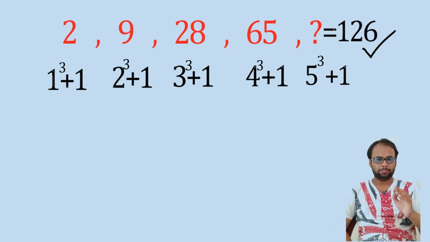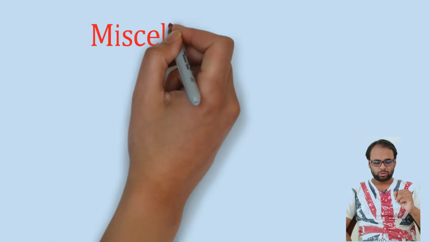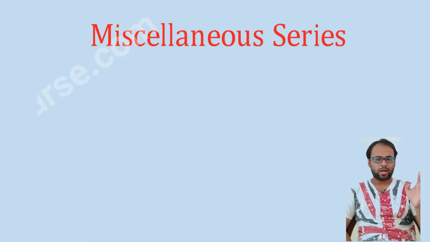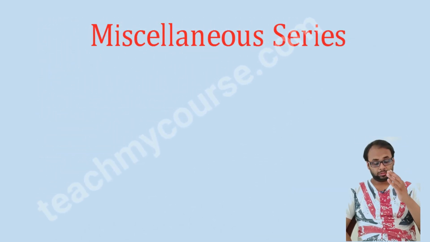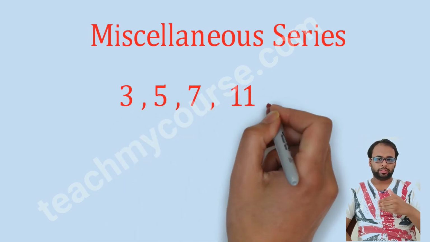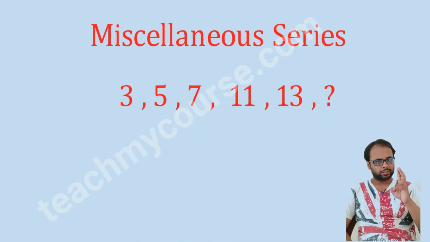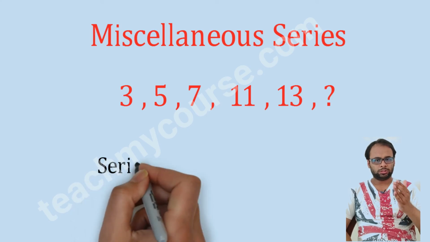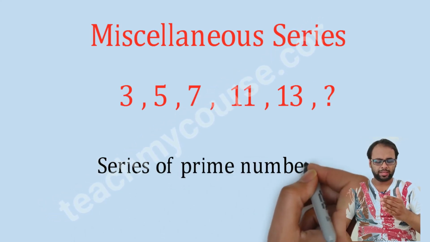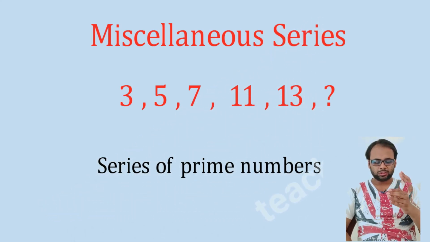Next we have the miscellaneous series. So the miscellaneous series is 3, 5, 7, 11, 13. Now obviously this is not a square or a cube series. There is another concept, as you know, which is prime numbers. So this is a simple series of prime numbers. 3 is a prime number, 5 is a prime number, next prime number is 7, next is 11, next is 13.